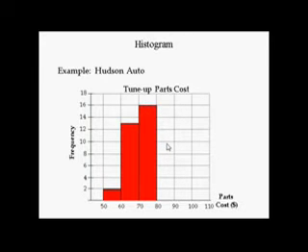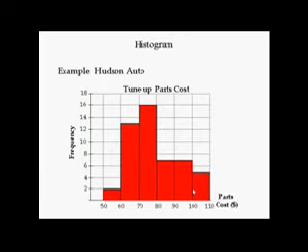The frequency of interval 80 to 89 is 7. The bar corresponding to this interval stops at 7. The frequency of interval 90 to 99 is 7. The bar corresponding to this interval stops at 7. The frequency of interval 100 to 109 is 5. The bar corresponding to this interval stops at 5.